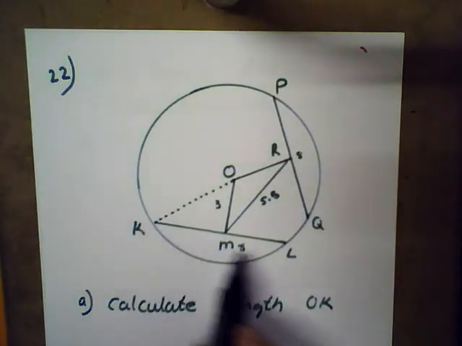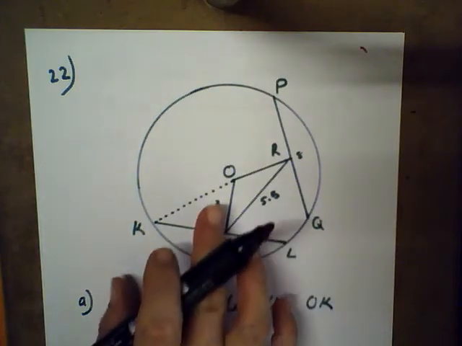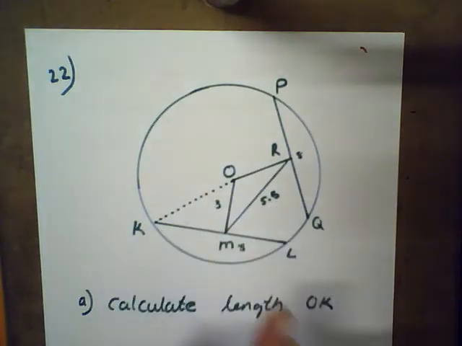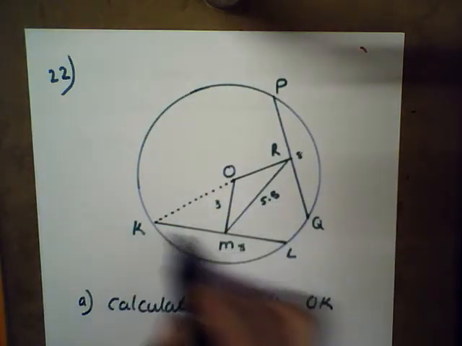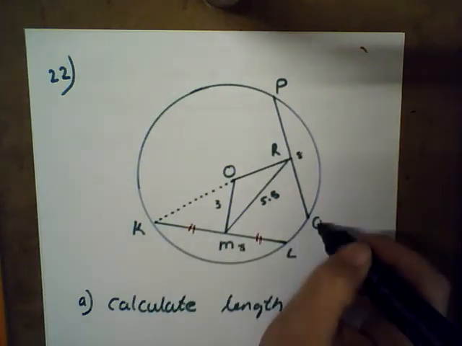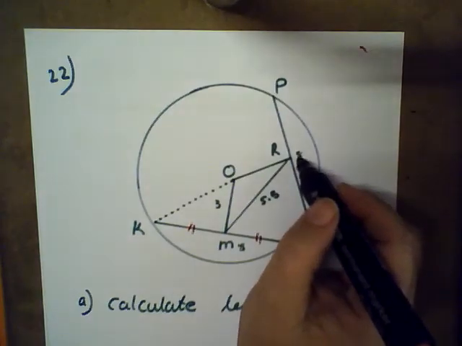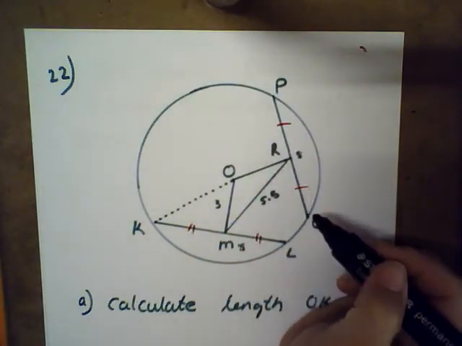Now, if they are both 8 centimeters, it means that they will form the same angle here at the center of a circle. Okay, but they also state that the point M is the midpoint of KL, and the point R is the midpoint of PQ, so those two would be equal.